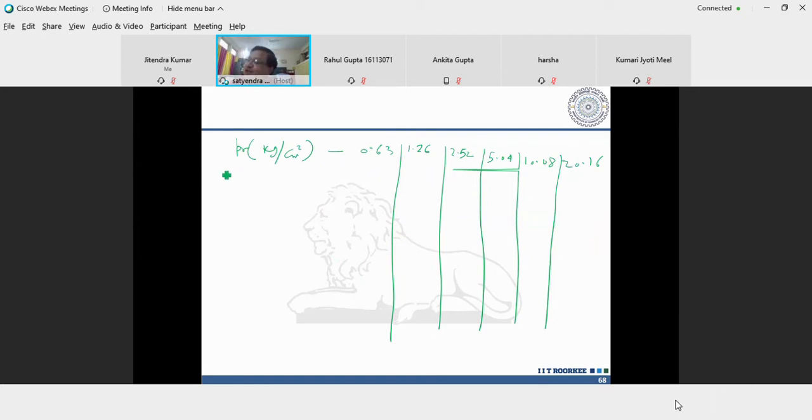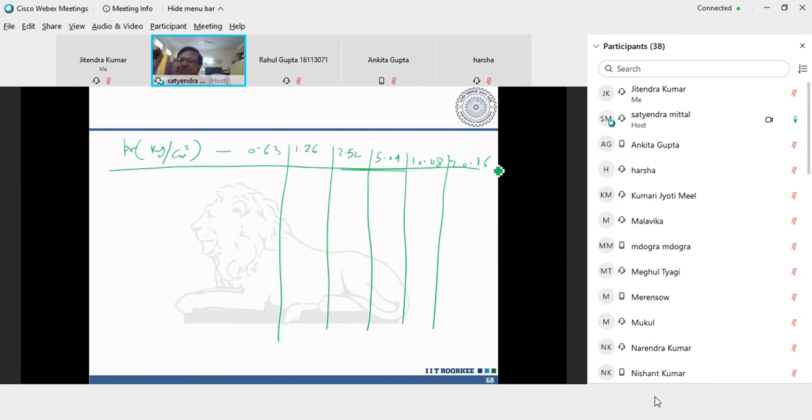Let me tell you one more important thing. These loading increments which I have written here should be as per the actual project.